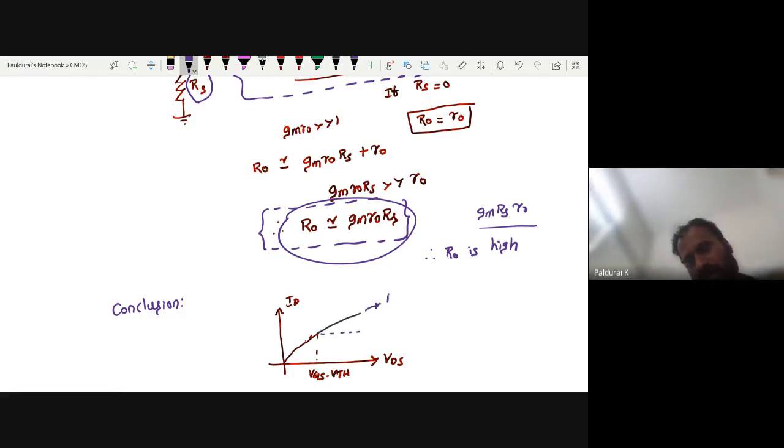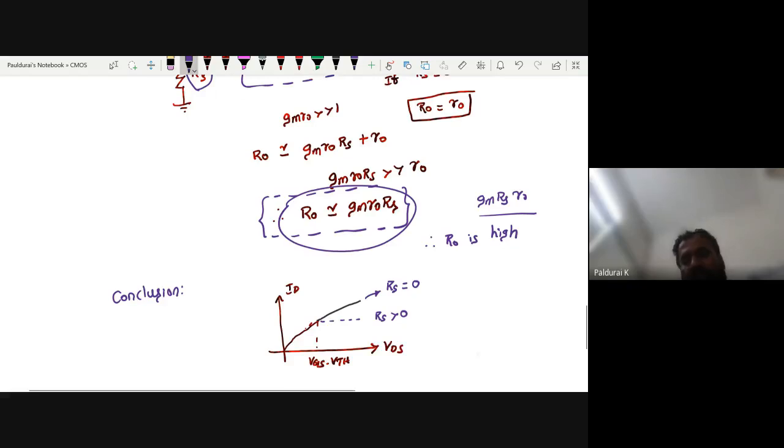If RS is equal to 0, the slope actually increases. Now by adding RS greater than 0, the slope decreases, because output resistance increases, so slope decreases. So we are moving towards a constant current source. Okay, so that is the logic.